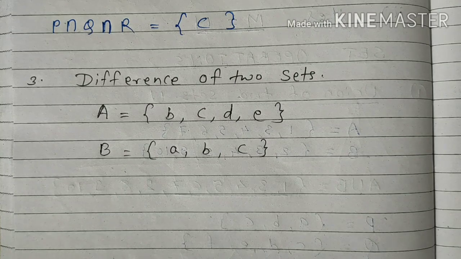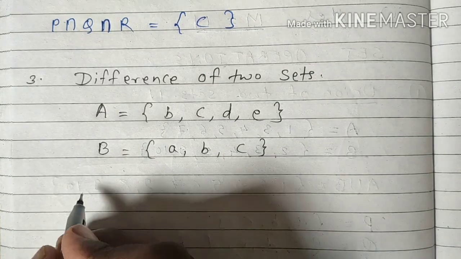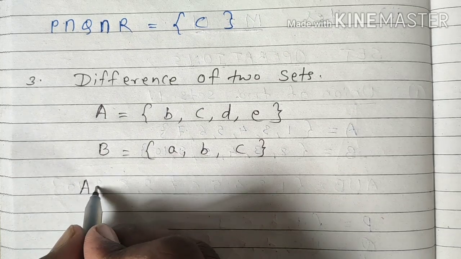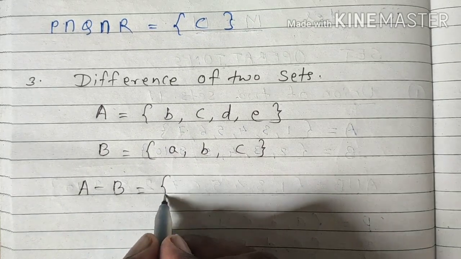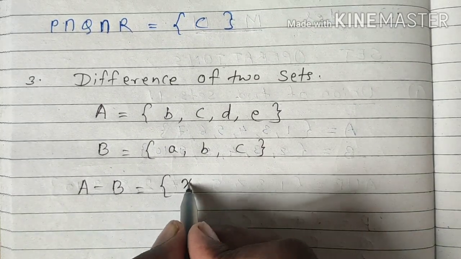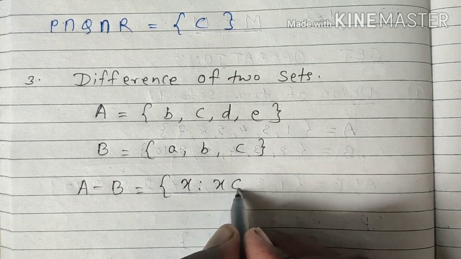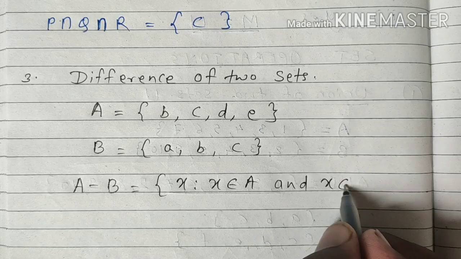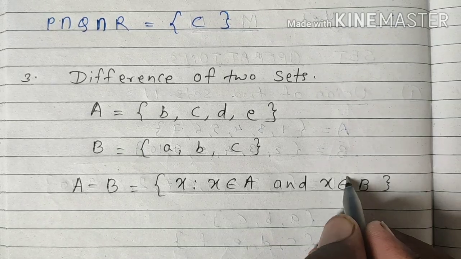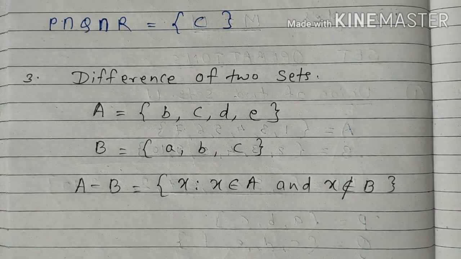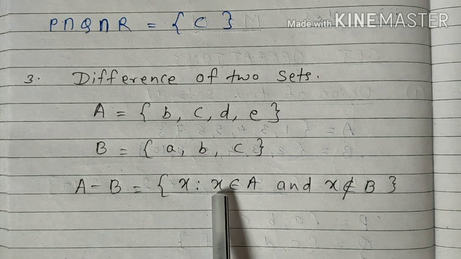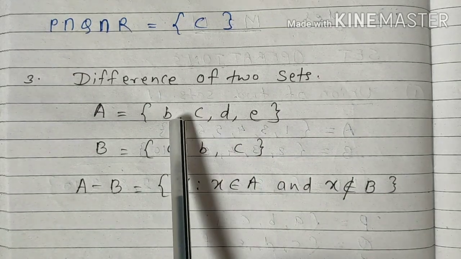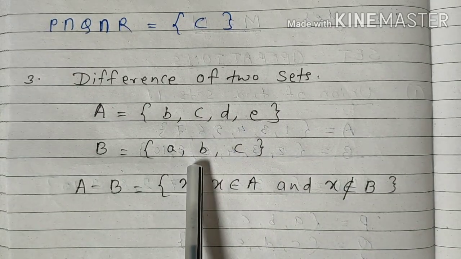If we want to write A difference B set, it means X such that X belongs to A and X does not belong to B. It means we have to write those elements which are present in A but not present in B.